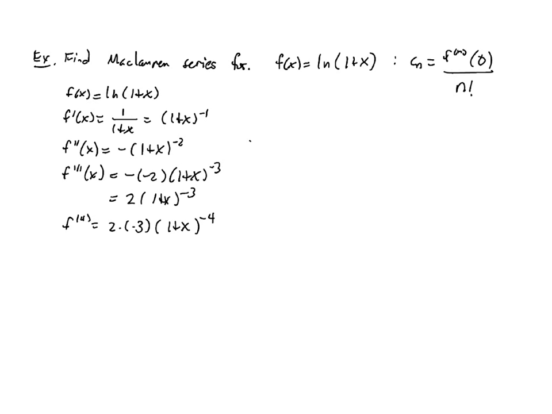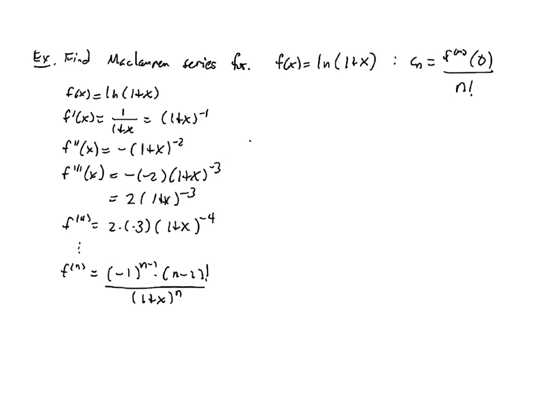And in general, if you continue this for a few more steps, you'll see the pattern. The nth derivative is going to be negative 1 to the n minus 1 times n minus 1 factorial divided by 1 plus x to the n. So that's my 1 plus x to the minus n.